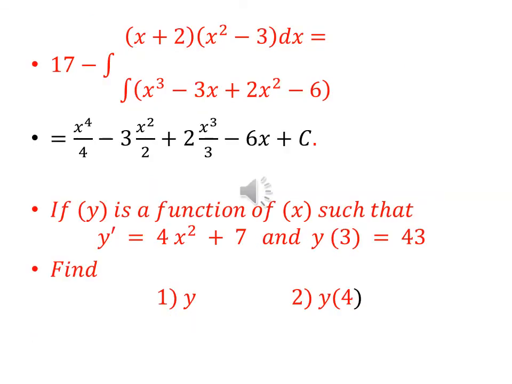We have another example also. Integration of (x plus 2) times (x^2 minus 3) dx. To integrate this, we multiply the two brackets together: x^3 minus 3x plus 2x^2 minus 6.